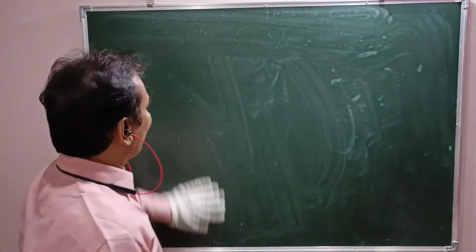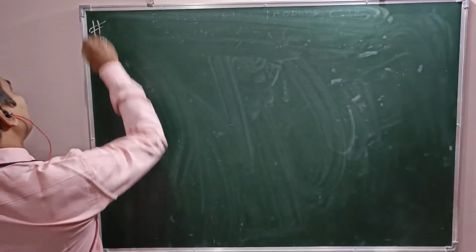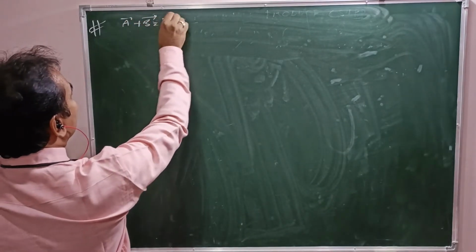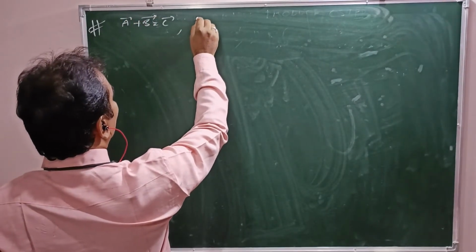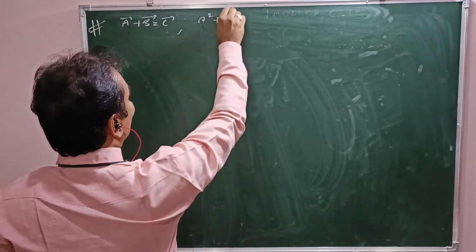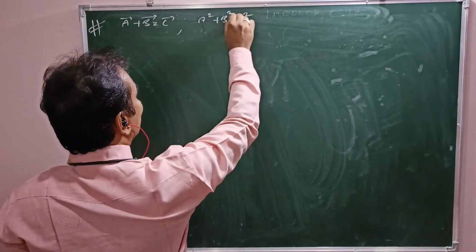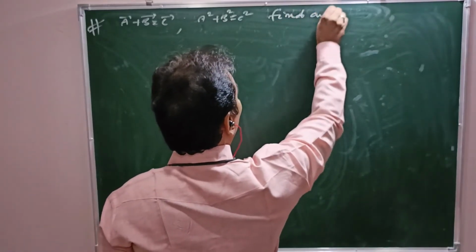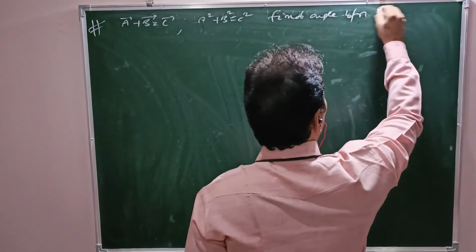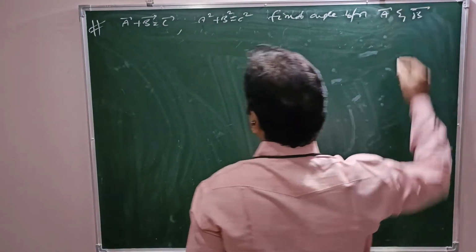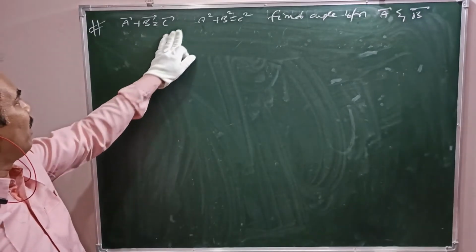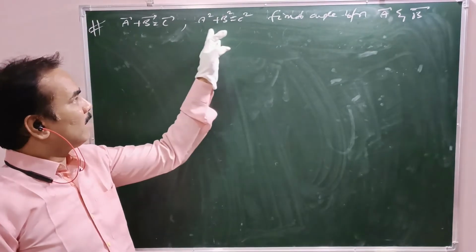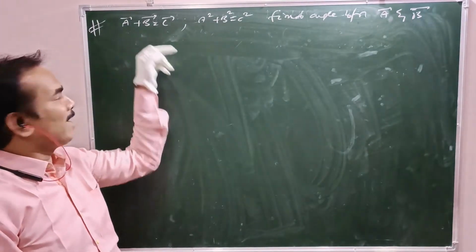Once again, see: a bar plus b bar equals c bar, and a square plus b square equals c square. Find theta, the angle between a bar and b bar. This is the given data. With that data, we need to find the angle between a bar and b bar.